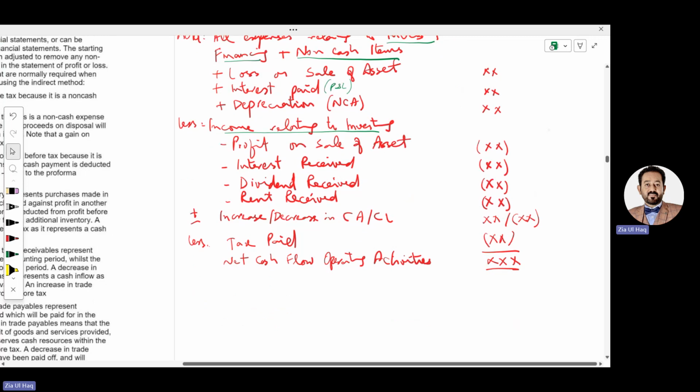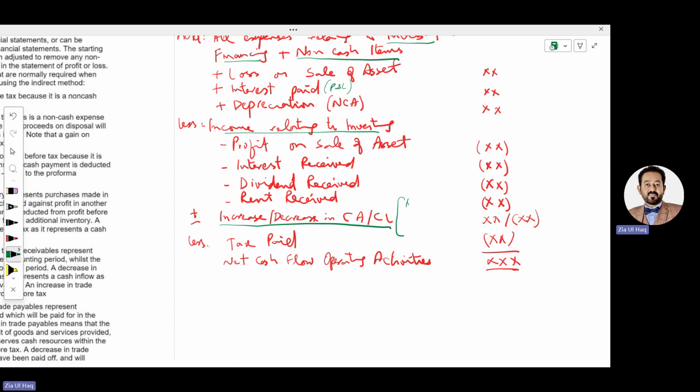And then we need to adjust increase or decrease in current assets and current liabilities. What are the current assets and current liabilities? Inventory, receivables, payables, any prepayments as well.